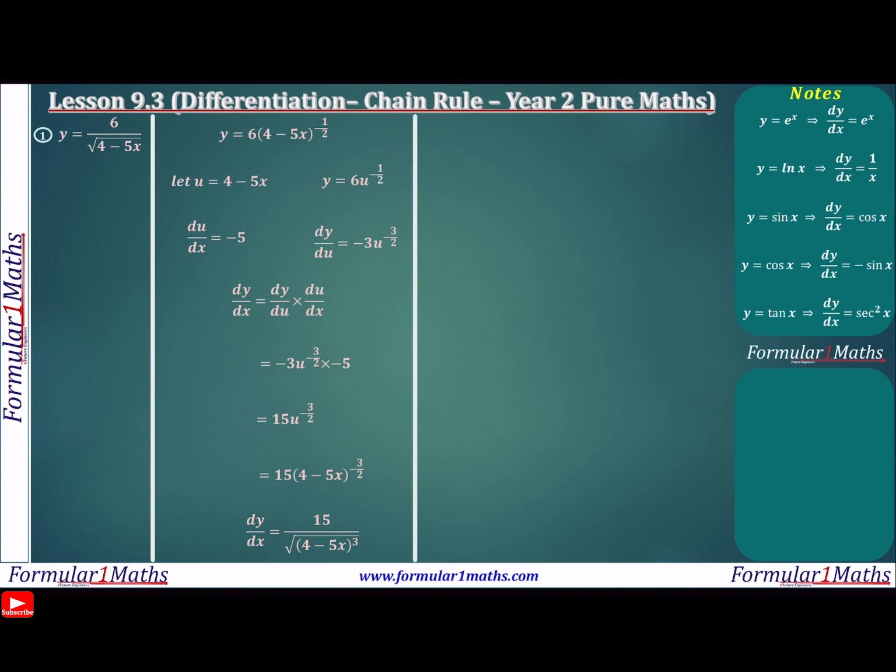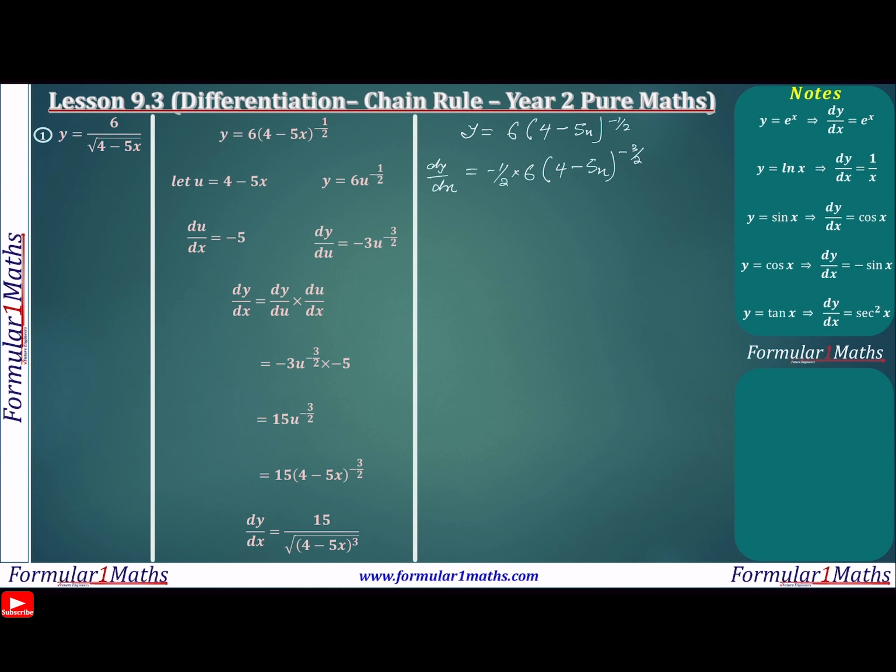Now let me try to do this mentally without using this process. So I have y is equal to 6 brackets 4 minus 5x raised to the power minus a half. So dy dx equals minus half comes down to multiply the 6, and I have minus a half times 6, and multiply by the function, which will be raised to the power minus 3 over 2, because I'll reduce the power by 1.